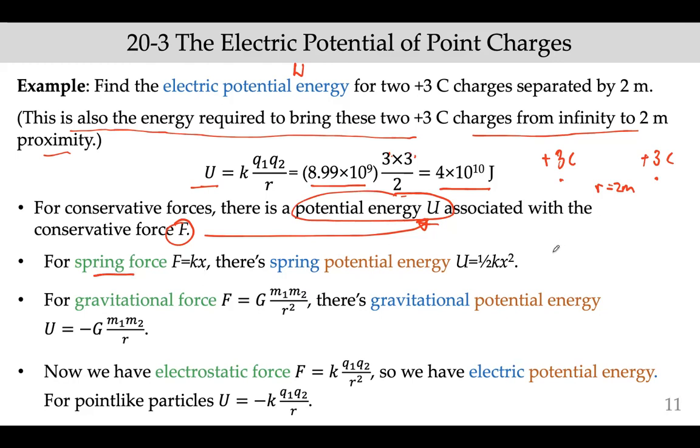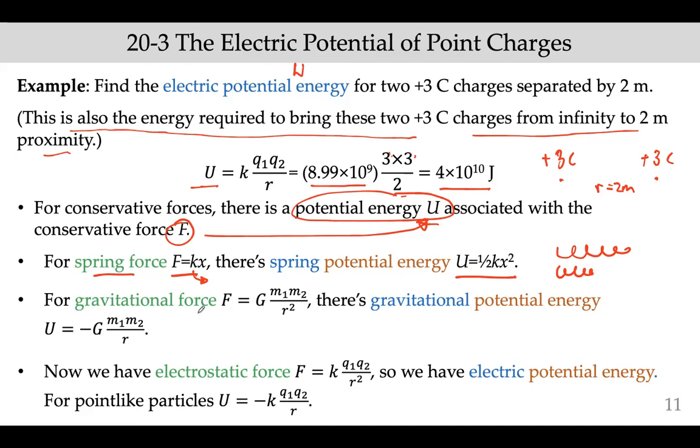You can compress a spring, and later you can take that energy back. You can release it, and that energy will be released. So for the spring force, the spring potential energy is 1/2 kx squared. Here k is, of course, not Coulomb's constant, it's the spring constant, and it depends on the spring.